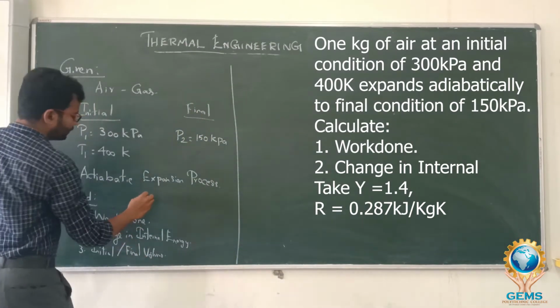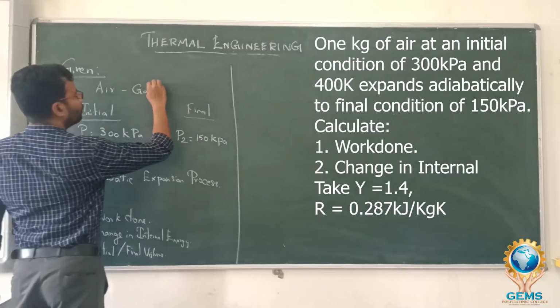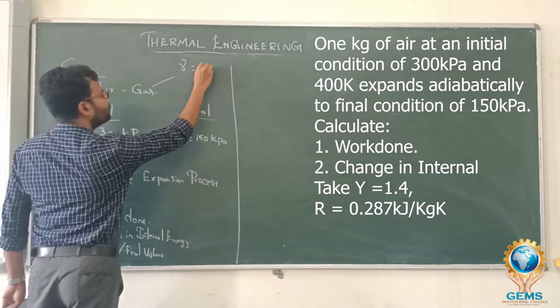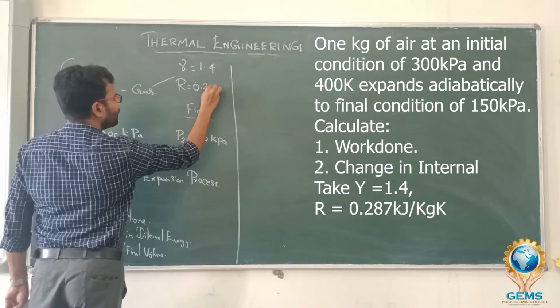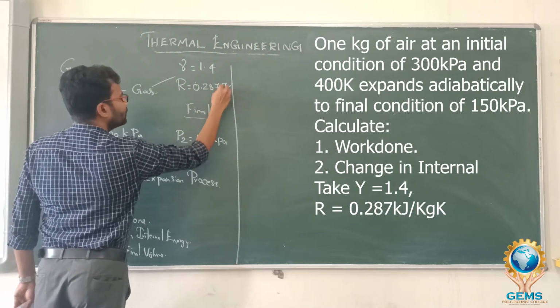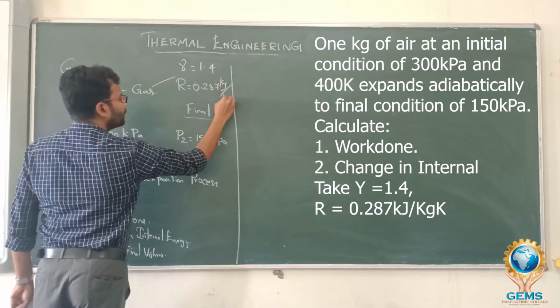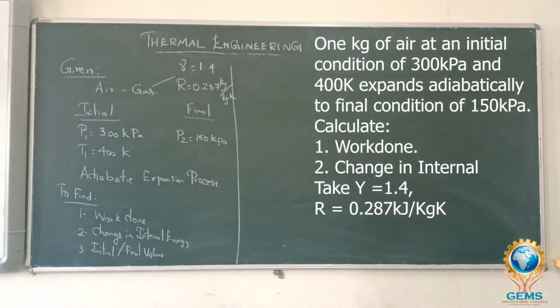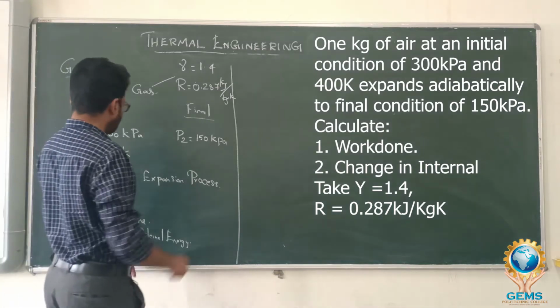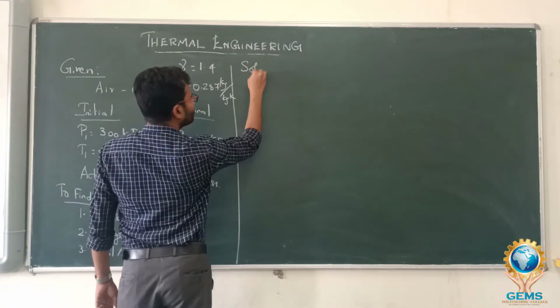And at the same time, for air, the gamma value is 1.4, and R is 0.287 kilojoule per kg Kelvin. Let us go to the solution part.